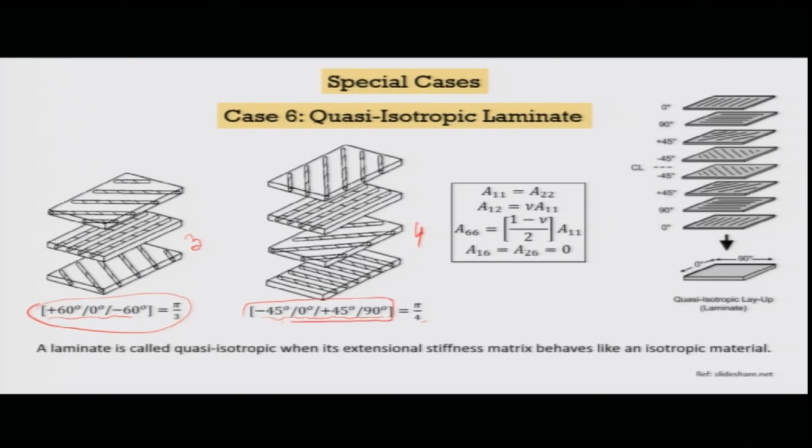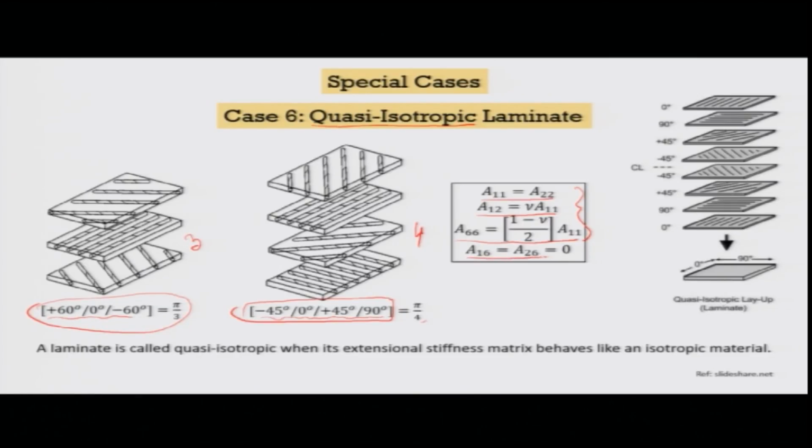For some very specific such layer conditions, what you are going to see is that, first of all, A11 equals A22. Well, that is what isotropy is telling us. A12 is nu A11 and A66 is (1 minus nu) by 2 times A11. So, this is the quasi isotropy that is coming into the system.